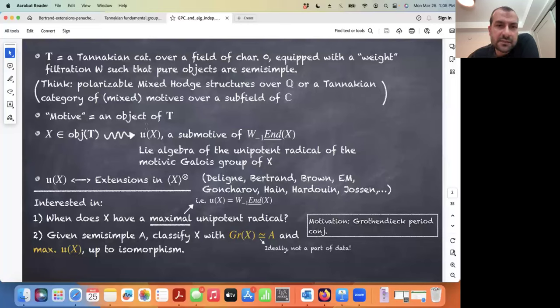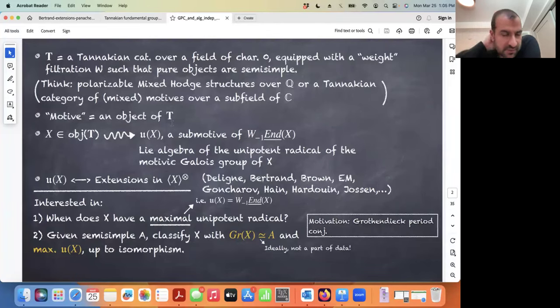The theory works in this generality, but for all purposes of our interest, we may assume that we're working with the category of polarizable mixed Hodge structures over Q, or any Tannakian category of motives or mixed motives over a subfield of C. Even though I'm in this more general setting, I'm going to use the word motive to refer to any object of my category T.